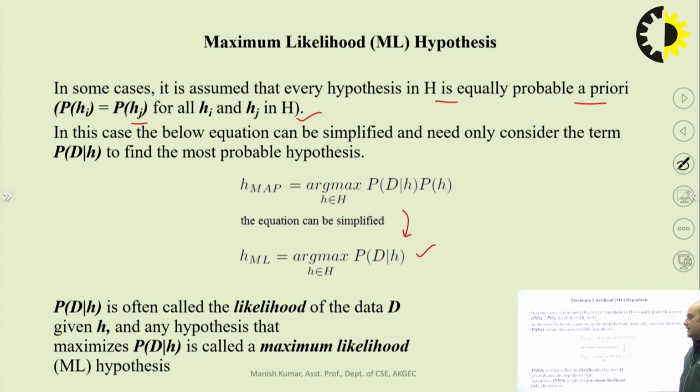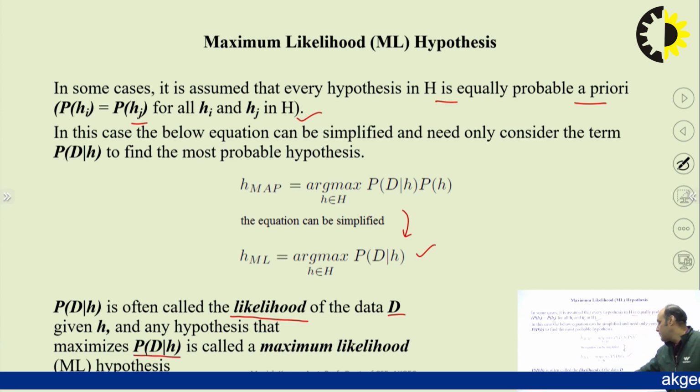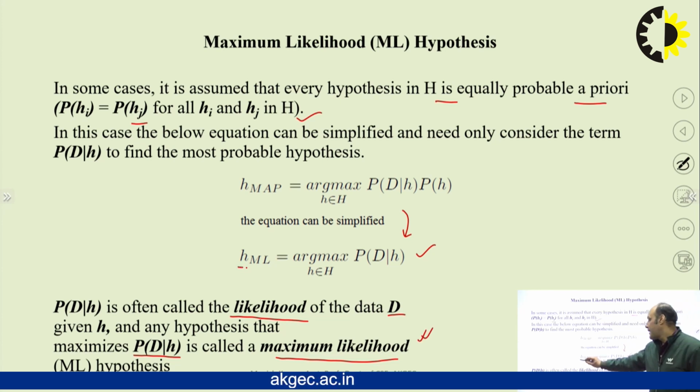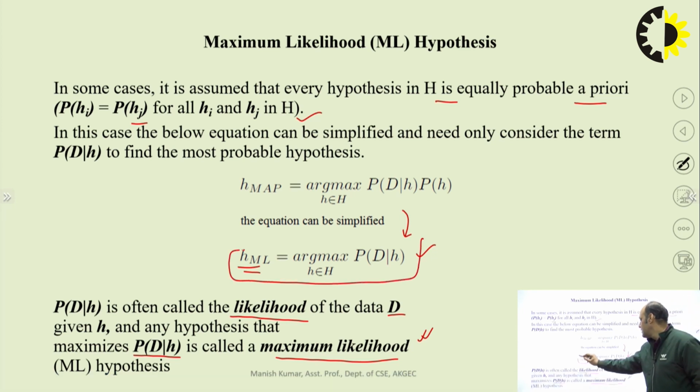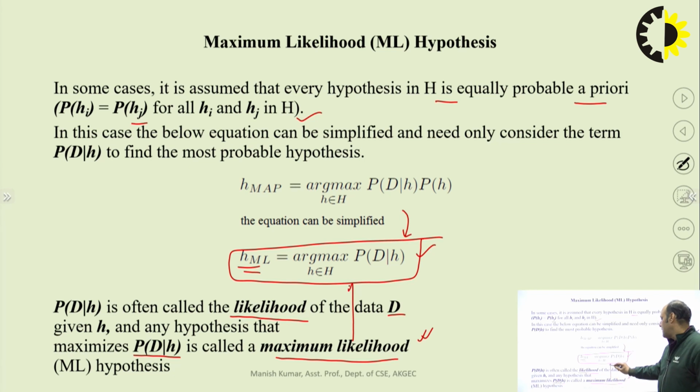P(D|h) is called the likelihood of the data D given h, and any hypothesis that maximizes P(D|h) is called the maximum likelihood hypothesis, h_ML. This is important: maximum likelihood.